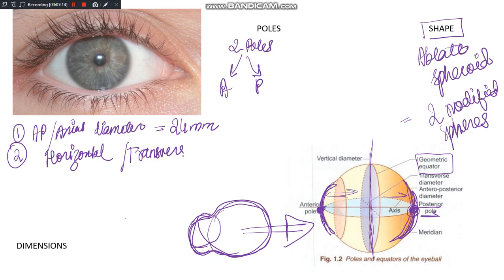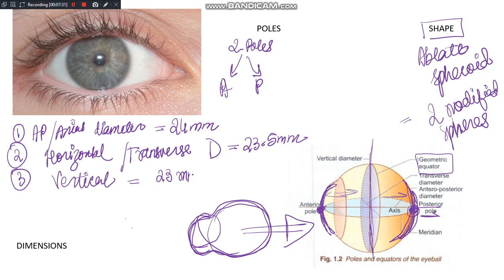I'm writing D over here for diameter, fine. That is equal to 23.5 mm. Third one is your vertical diameter, which is equal to 23 mm. And a few things which are not necessary, but still I would like to mention, is the circumference, which is 75 mm.